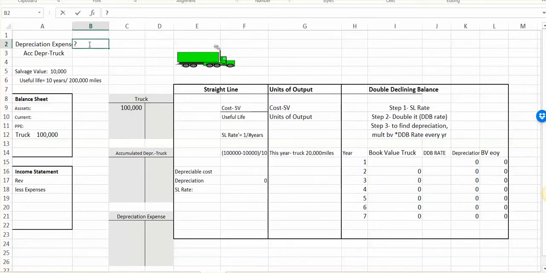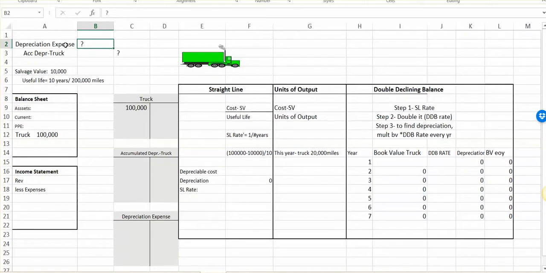Here, I'll just put a question mark. And in previous chapters, that amount was given to us. And then depreciation expense would be the cost of using that truck for a particular year. That would be the adjusting entry.